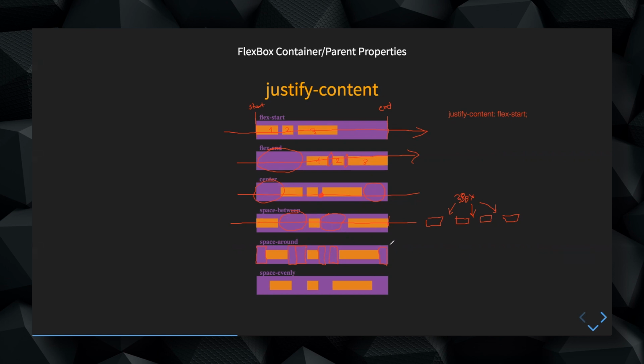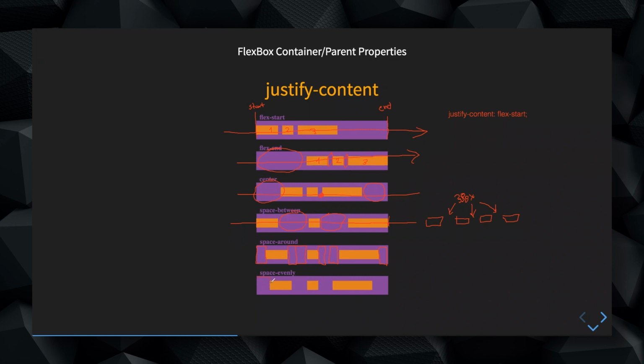So at some points this might be what we're looking for, but if we want to have a more, let's say, visually pleasing result, we might want to have the same space here, here, here, and here. And this is where space-evenly comes in and evenly distributes the free space not only between the items, but also on the edges.